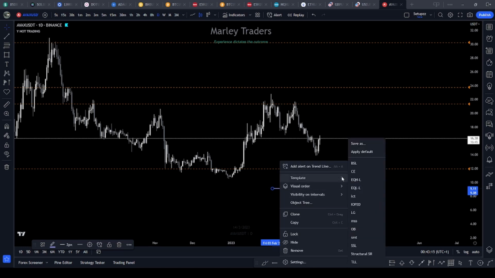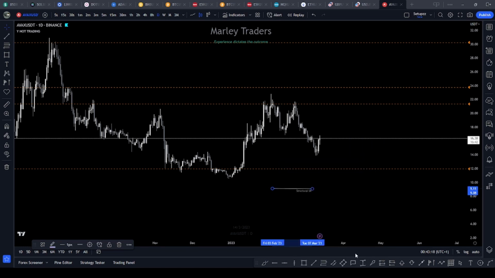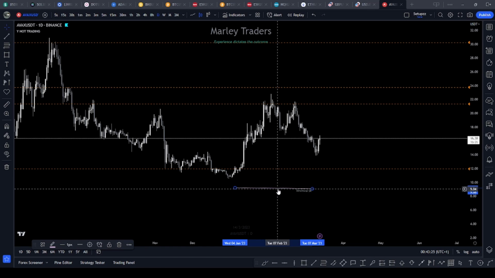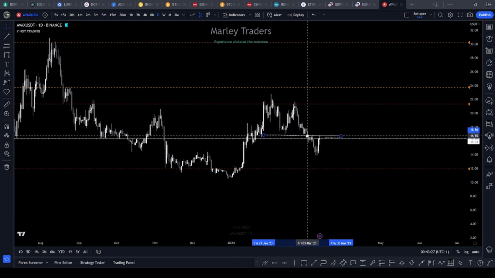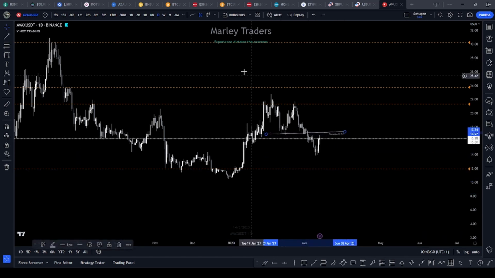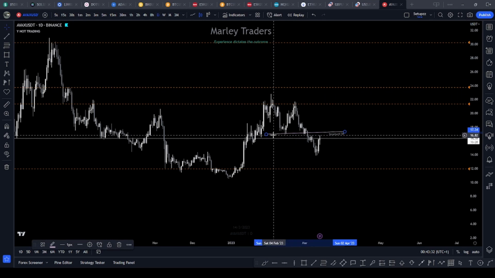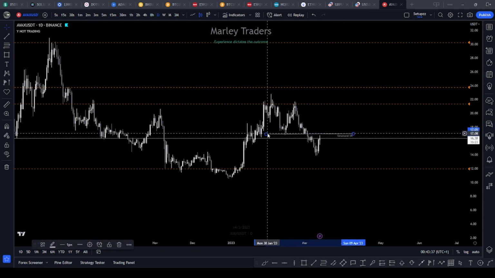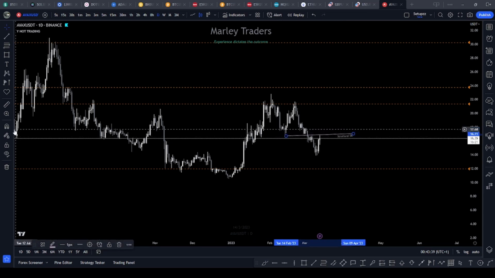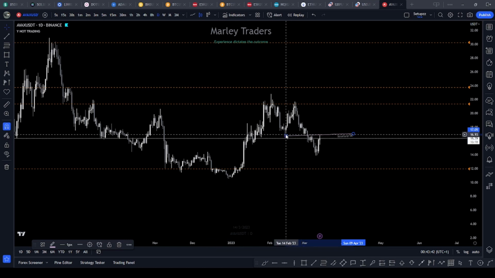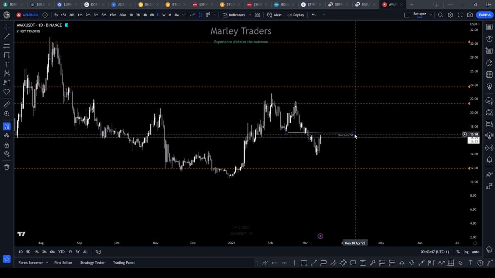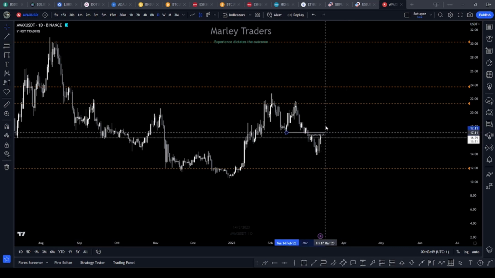Structural SR. To me, structural SR means structural support and resistance. I can use it on the upside, I can use it on the downside. For example, this is a breakout structure, but at the same time it's structural because it's a higher time frame structural break right here. So this automatically becomes a breaker, a bearish breaker for me.